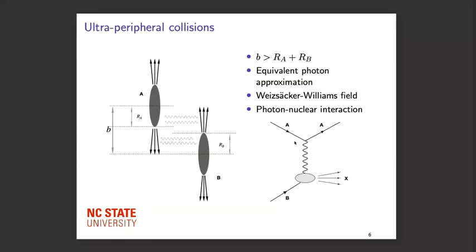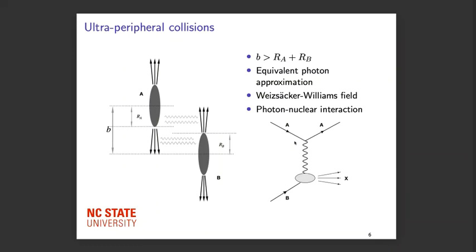UPC refers to the events in heavy ion collisions when the impact parameter is greater than the sum of the radii of the two heavy nuclei. In such a case, we can use the so-called equivalent photon approximation.